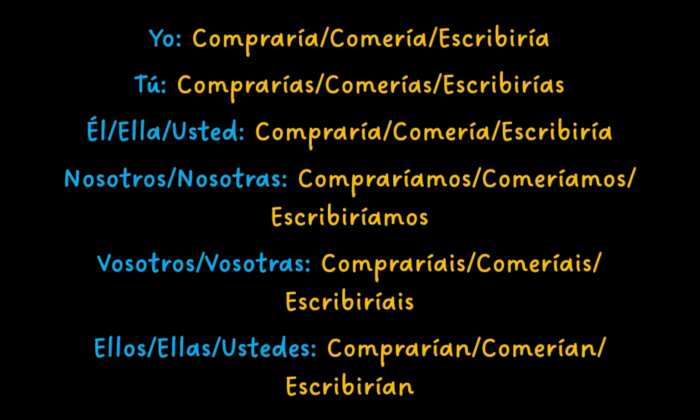For nosotros or nosotras, it's compraríamos, comeríamos, and escribiríamos. For vosotros or vosotras, it's compraríais, comeríais, and escribiríais. And for ellos, ellas, and ustedes, it's comprarían, comerían, and escribirían.